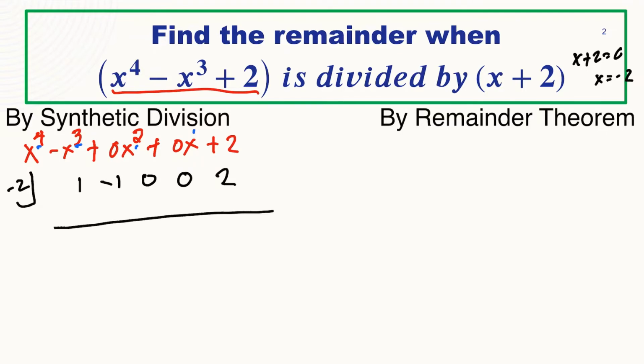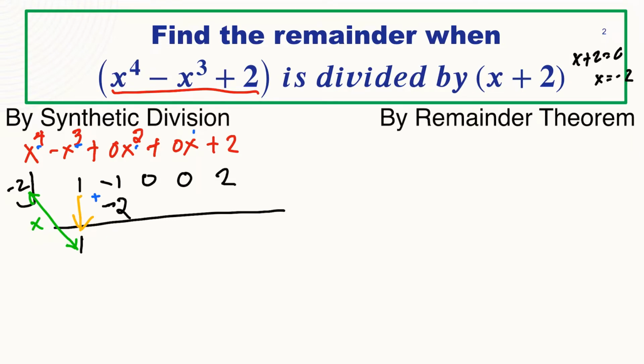Now, the first thing that we need to do here is to bring down the 1. And then we multiply negative 2 and 1, so that will give us negative 2. Negative 1 plus negative 2, this is addition, will give us negative 3.